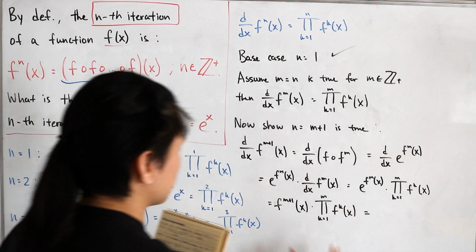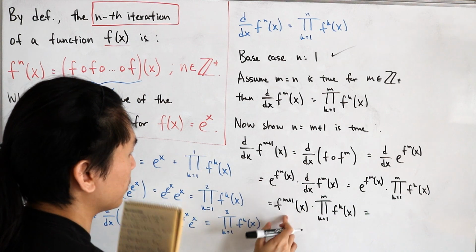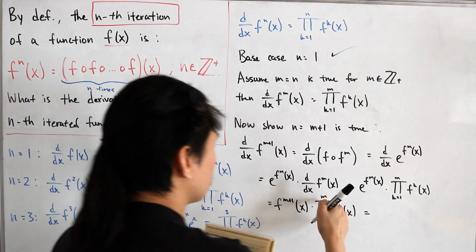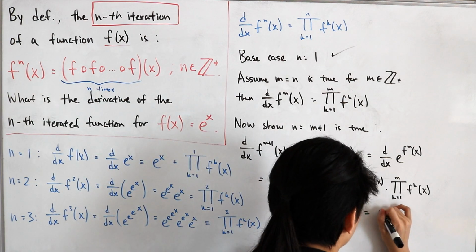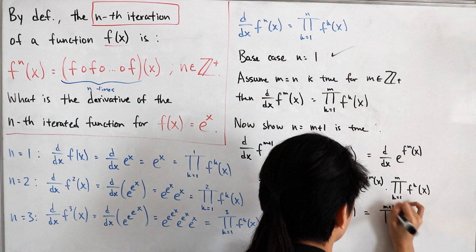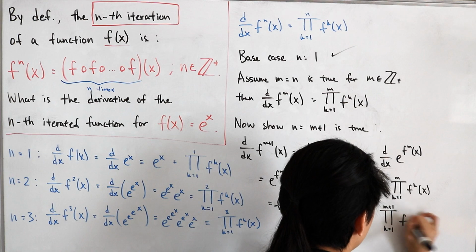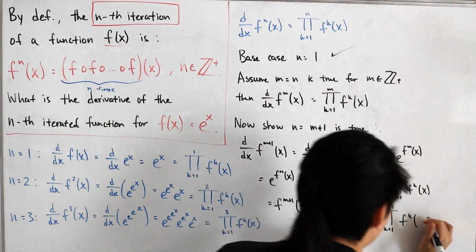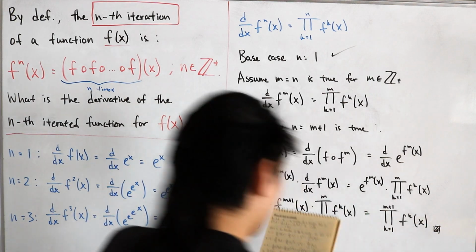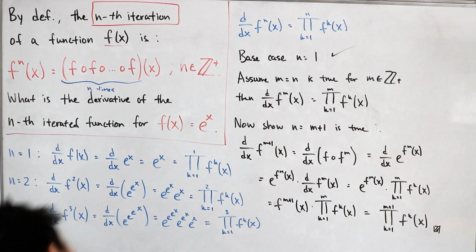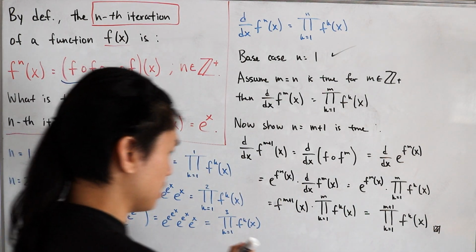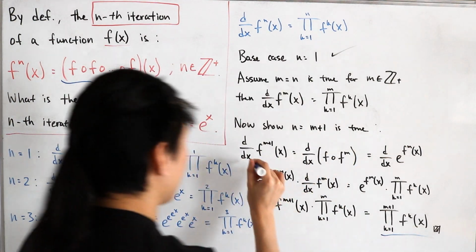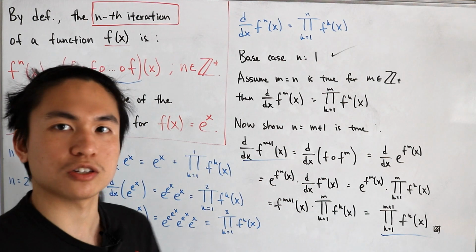But since this is just an entire product, already evaluated at the m plus 1 term, we can just put this back into the product series and change the upper index so that it ends at m plus 1, k equal to 1 of f sub k of x. And when I write m, that's supposed to be an x. And so just like that, we showed that the left-hand side is indeed equal to the right-hand side.